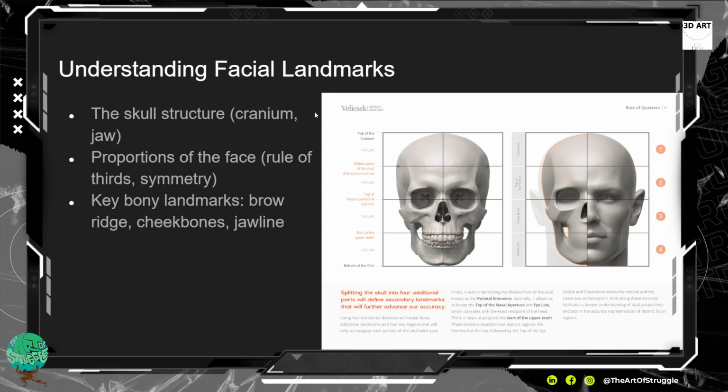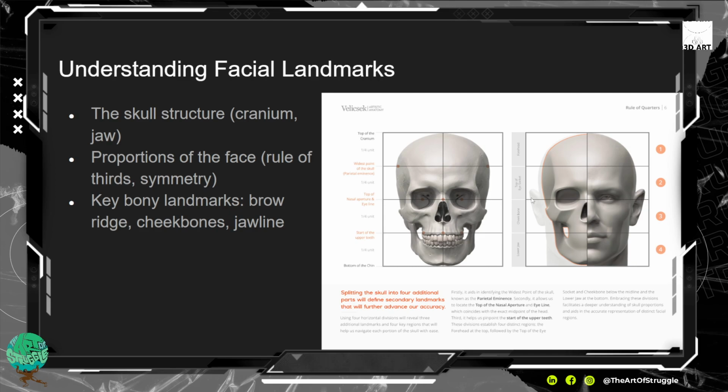Remember understanding the important landmarks of the skull, right? You want to remember the top of the cranium, the widest point of the skull, the parietal eminence, these two points right here. Then we worry about the nasal aperture, the top of the nasal aperture, which also lines up with the eye line, right?